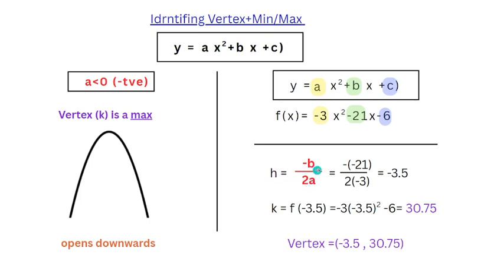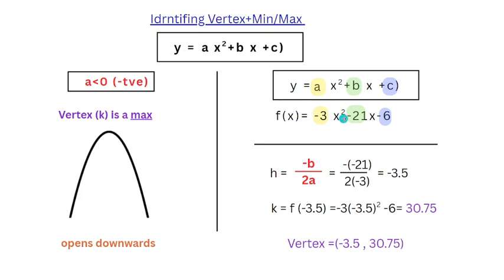h equals negative b over 2a. Where is b? It's negative 21. B is negative, so it becomes positive, over 2 times negative 3. So h is minus 3.5. How do we get k? We take this h and substitute it in the main equation, putting minus 3.5 in each x.